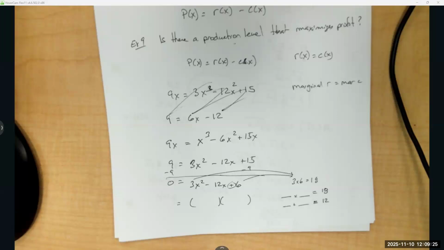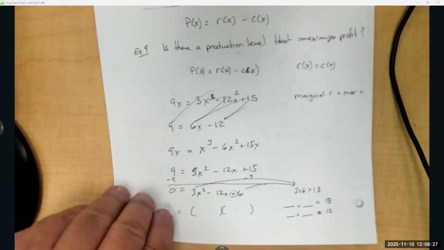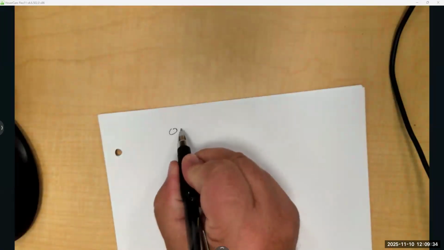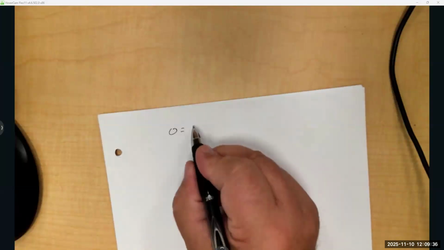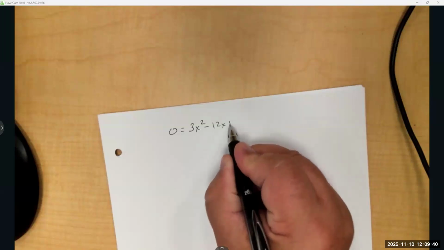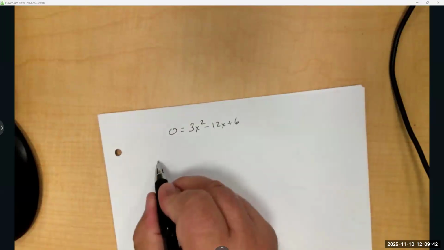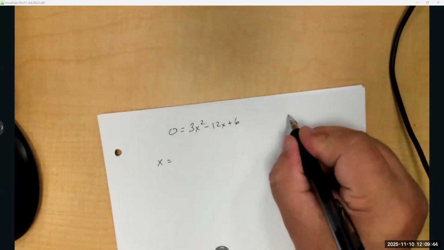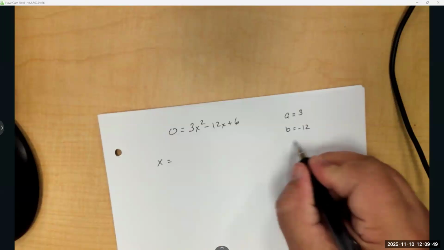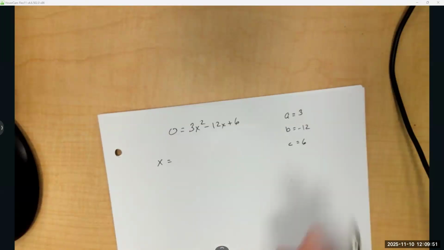We either use complete the square or we can use the quadratic formula. So let's use the quadratic formula. 3x squared minus 12x plus 6. Solving for x, a is 3, b is negative 12, c is 6.